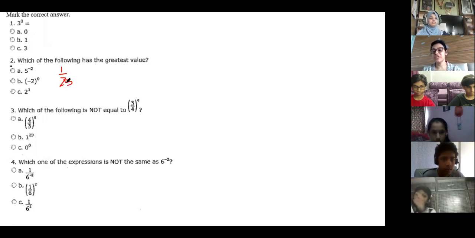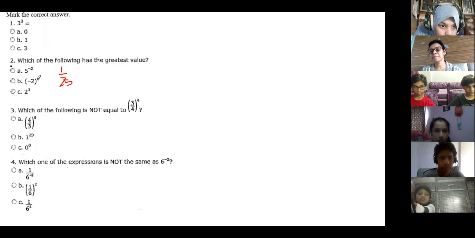So 1 upon 25 will be less than 1, right? It is a proper fraction. A proper fraction is where the numerator is smaller than the denominator. The value is less than 1. Now minus 2 raised to 0: what is the answer? 1, ma'am. So this is equal to 1.